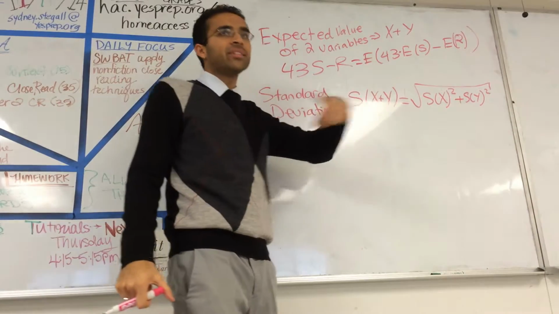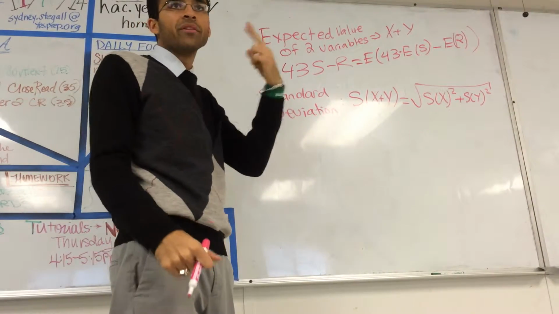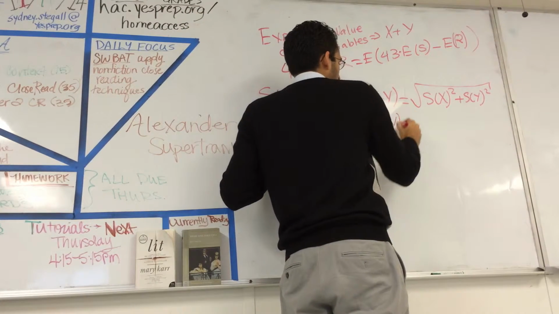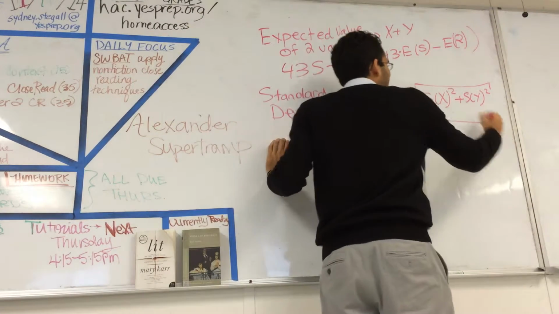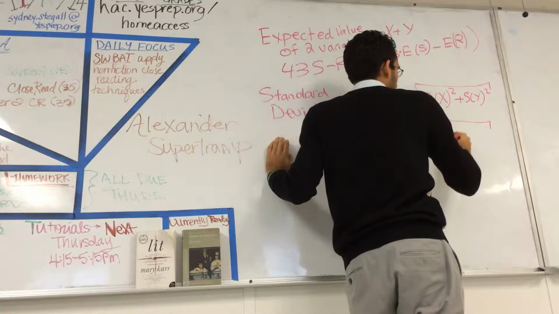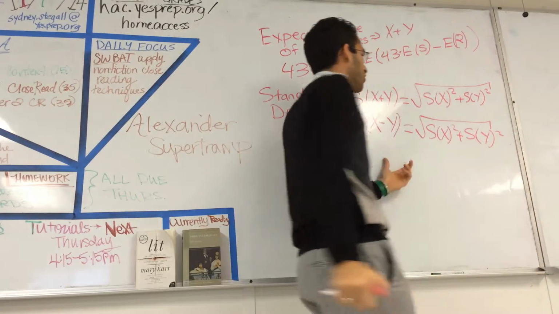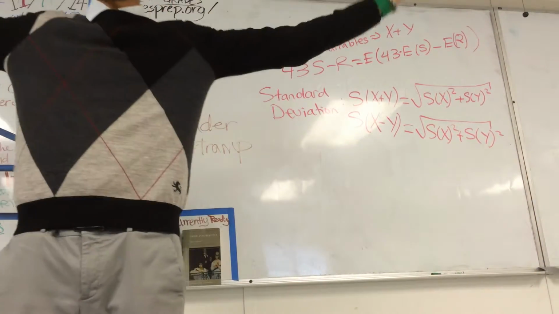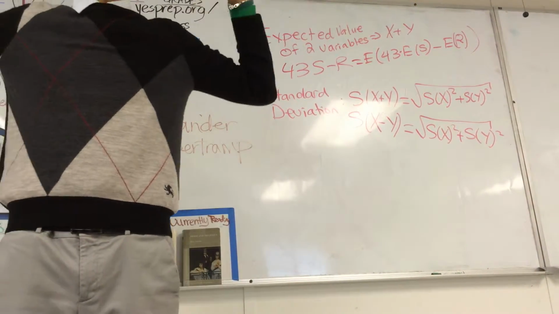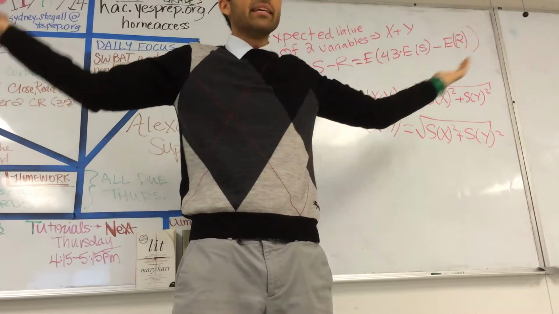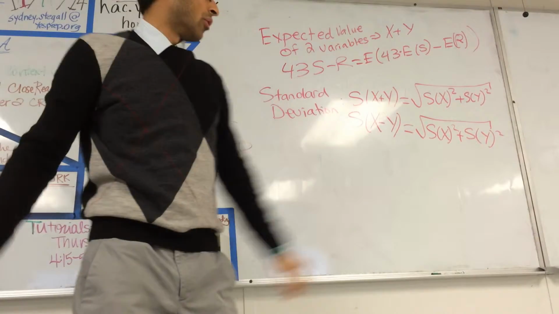Where we ran into some problems was on one of these two, when we had the standard deviation of x minus y. That is the exact same formula as above. And the reason is because when you have a standard deviation, you're always adding the distance. Regardless of whether it's above the average or below the average, you always want to add it to see the total distance away.